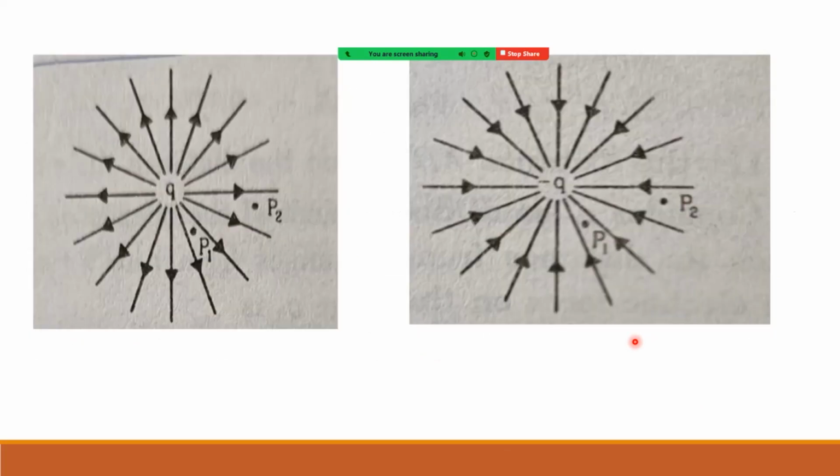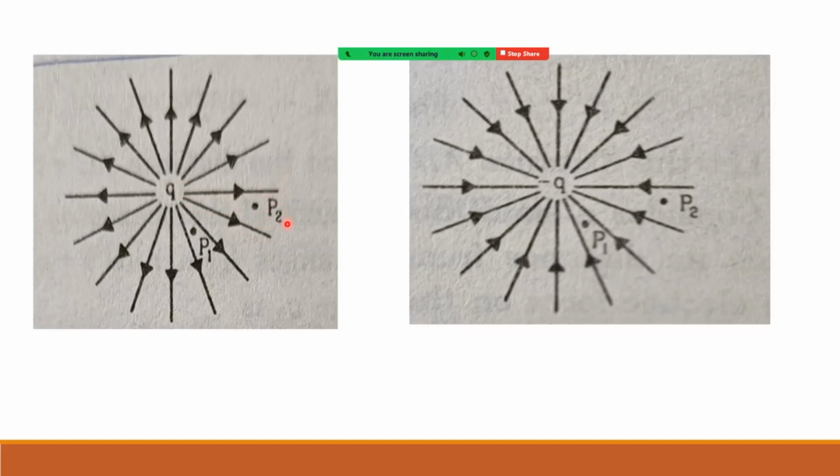You can see diagrams here. This is a positive charge, radially outwards. And if you take any two lines, as distance is increasing, separation between those two lines is increasing.